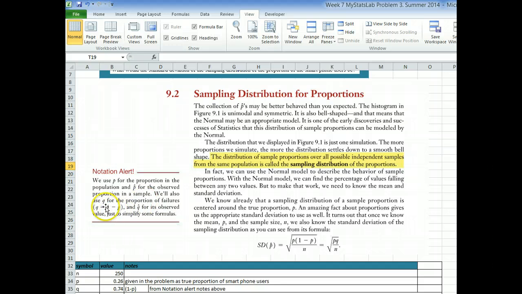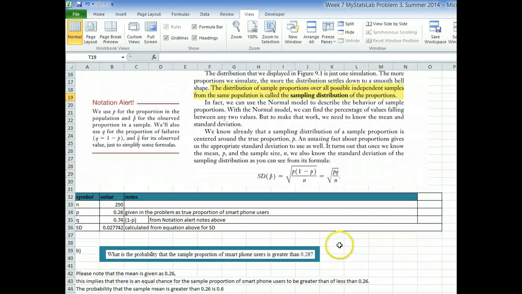Q we're also going to use, which is the proportion of failure, and that's going to be 1 minus P, where P is the successes. So these notations are important, and the formula for calculating the standard deviation for P hat is P times 1 minus P over N, or P times Q over N, and you find the square root of it.